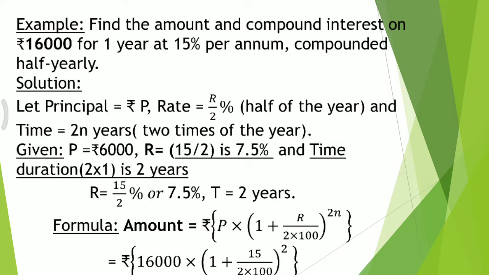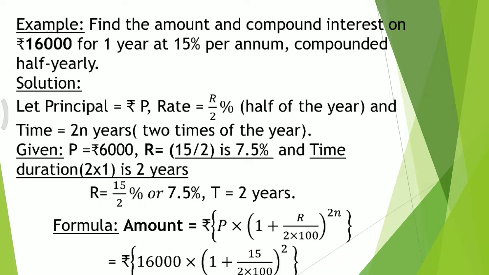Next, we can see how to find compound interest for half-yearly. I give an example. Through that, you can get a clear idea. Once again, I remind that whenever you calculate compound interest for half yearly, the rate becomes half of that and the time becomes double of it.